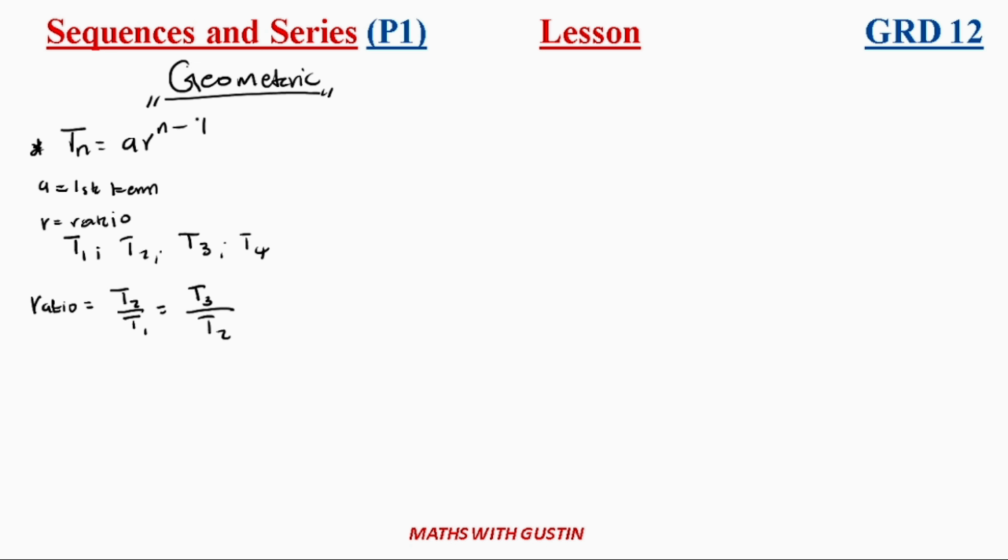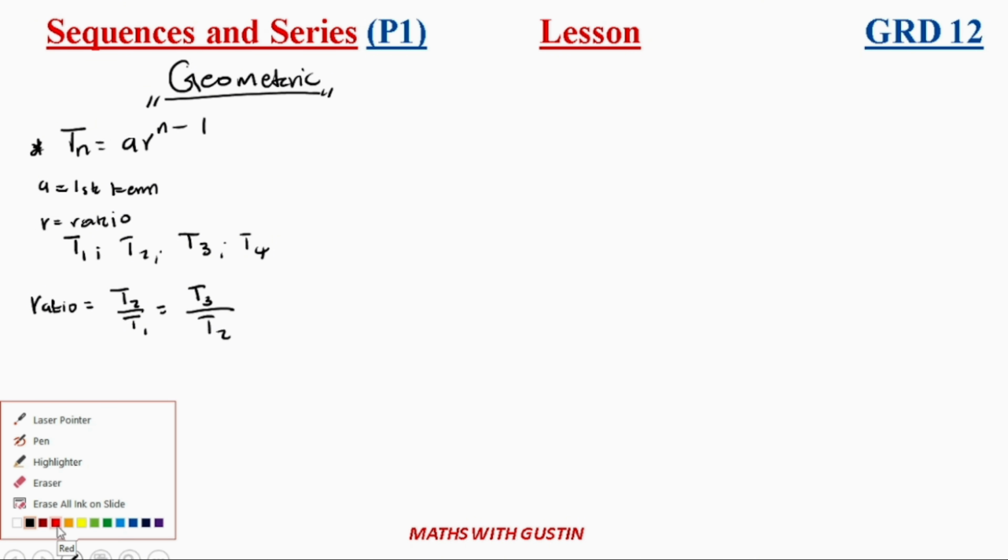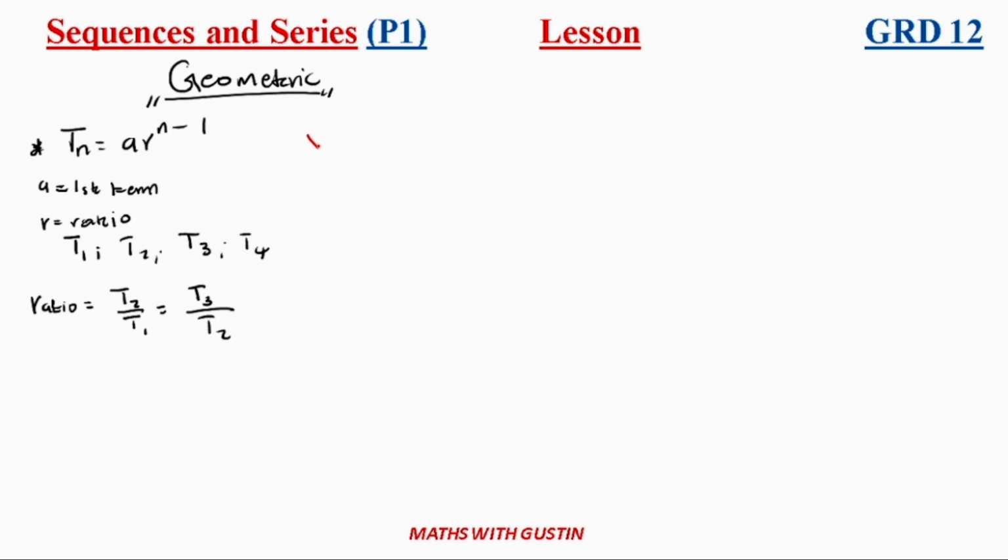Now we also have the sum of a geometric sequence. Let's come here and deal with the sum. The sum in this case is identified by 3 different formulas that you need to apply. Formula number 1 is Sn equals a times (r to the power n minus 1) all over r minus 1.